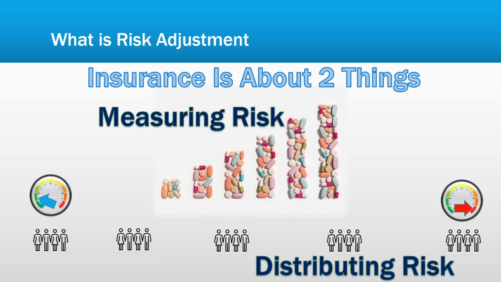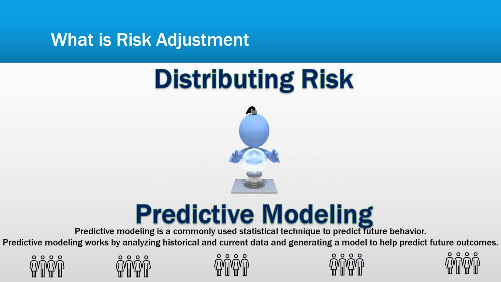So insurance is about two things. It's about measuring risk, and it's about distributing risk. That's what insurance is all about. And this is done through a process called predictive modeling. Predictive modeling is a commonly used statistical technique to predict future behavior.